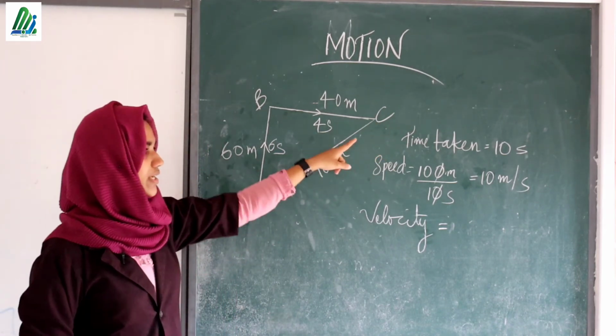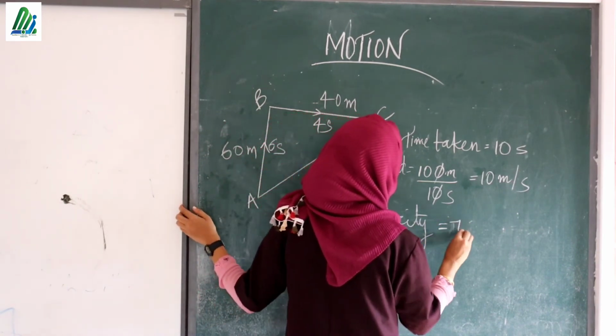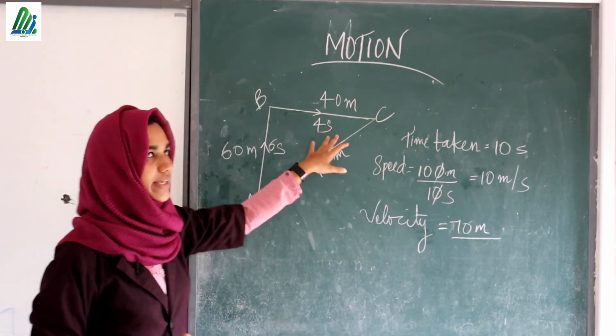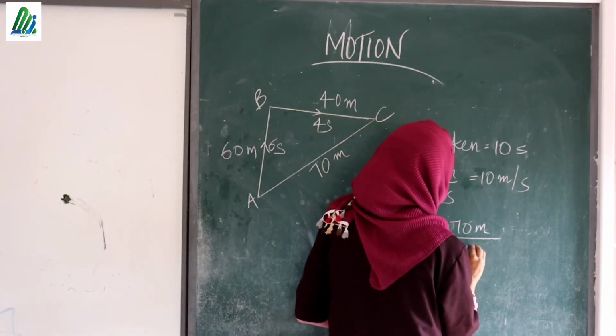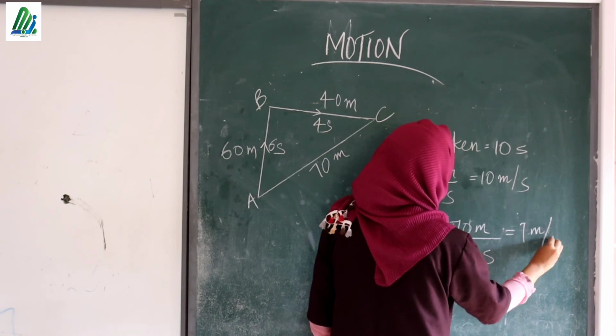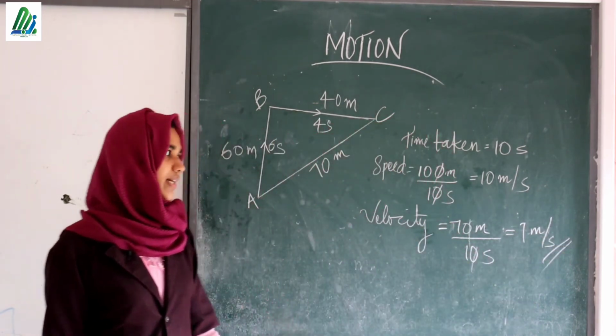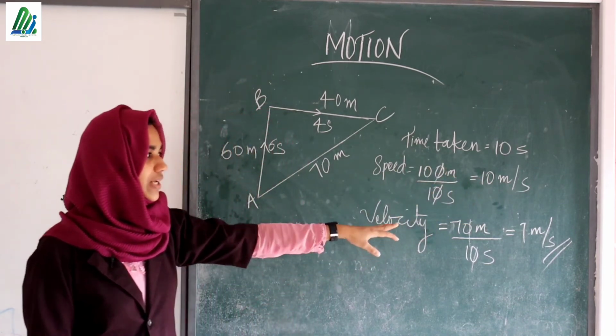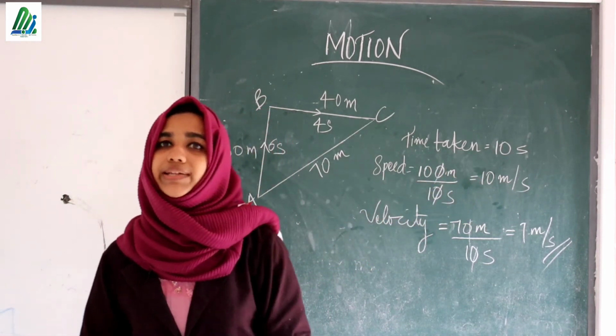Then AC is equal to 70 meter by the time, which is also 10 seconds. That's equal to 7 meter per second. Is it clear? Here the speed is equal to 10 meter per second and the velocity of the object is equal to 7 meter per second.